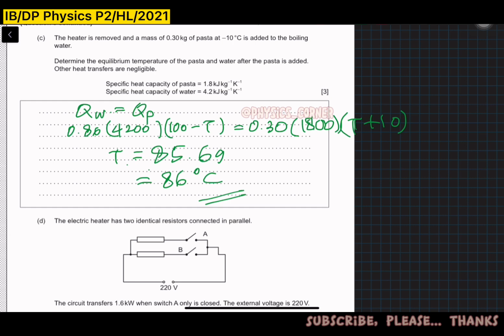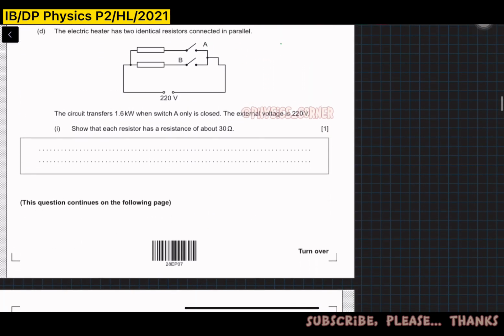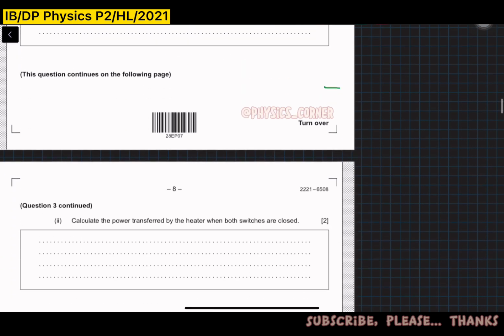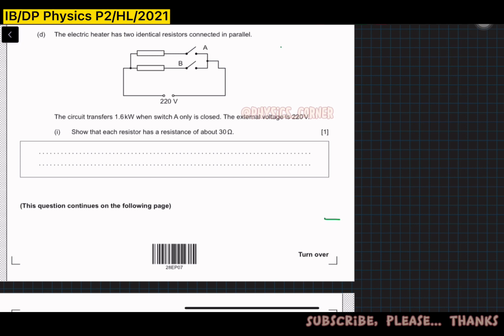Okay. Question D: the electric heater has two identical resistors connected in parallel.